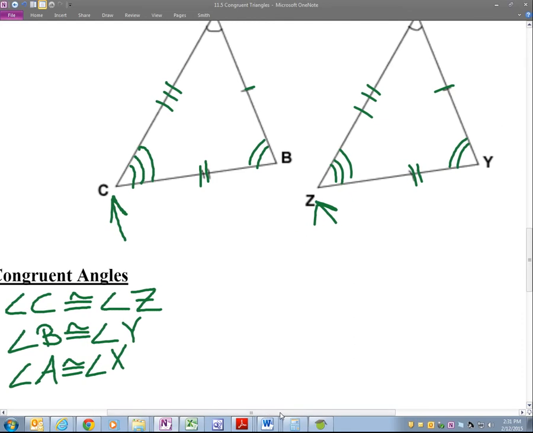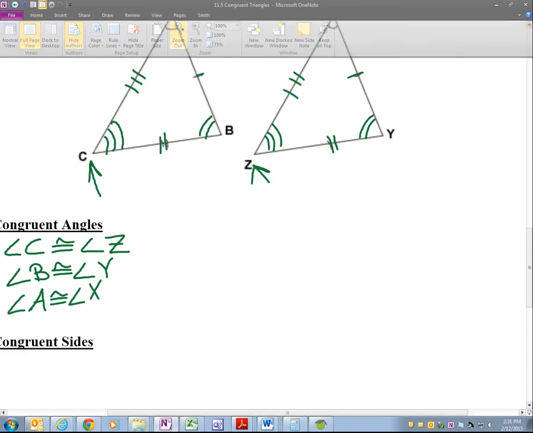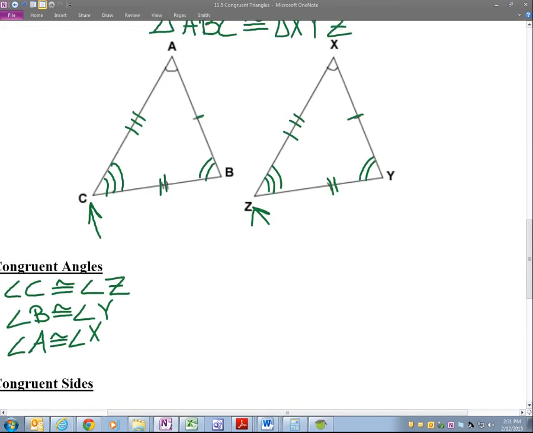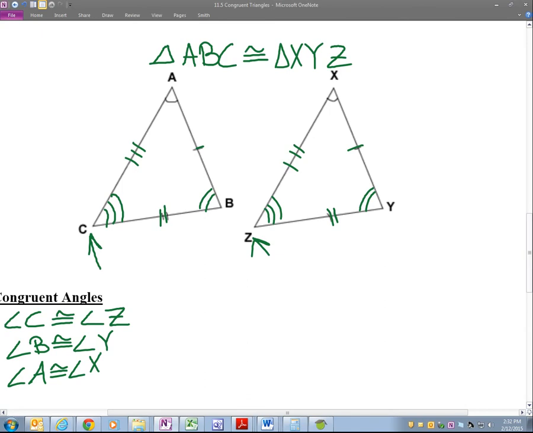So I want to show you something. What are the first letters of naming our triangles? What are the first letters when we named it, Jace? A and X. Look at this. A and X. What are the second letters?